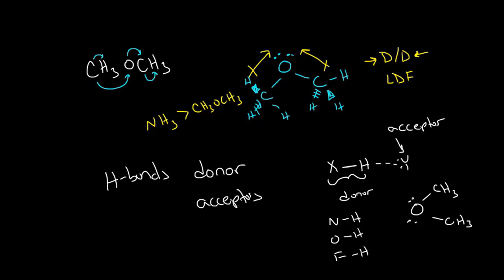So dimethyl ether is a hydrogen bond acceptor. So if it's in the presence of a hydrogen bond donor, it can still make hydrogen bonds. Okay, so this is a really important concept to think about as we move forward and think about how intermolecular forces play a really important role in the structure of biomolecules. With hydrogen bonds, you have to think about donors and acceptors.